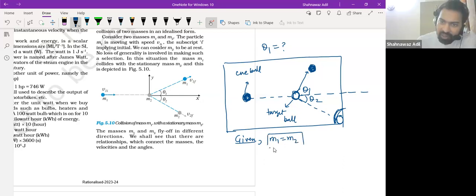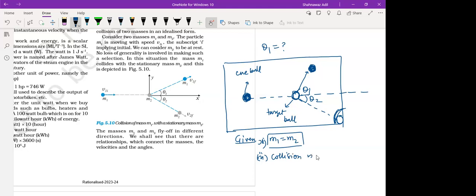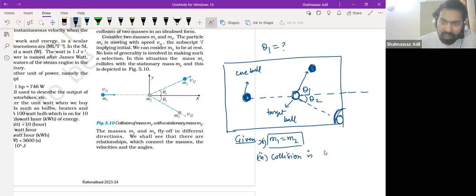It is also given that the collision is elastic. Sir, can we write theta 1 plus theta 2 is 90? Absolutely right. Good. So the collision is elastic, and without doing all those calculations, we know that theta 1 plus theta 2, as Akib said, is 90 degrees.